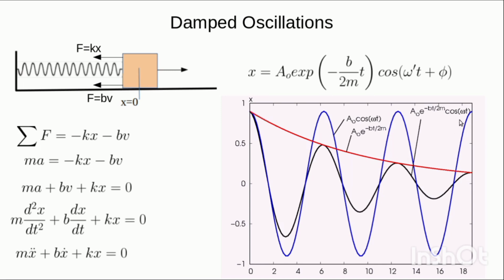But when we introduce this exponential expression into the equation and plot x against t, we now have this black curve. We can see that the amplitude gradually reduces until it vanishes.